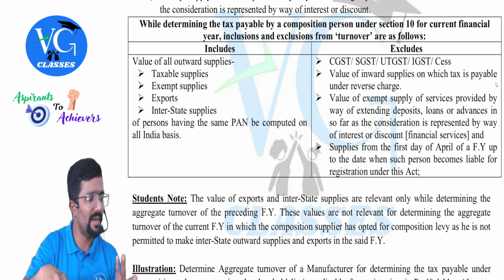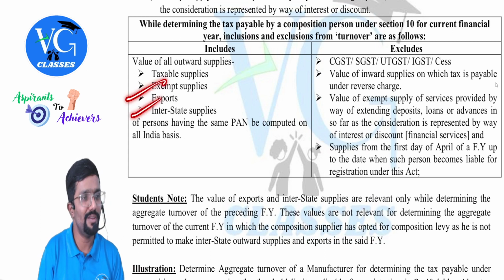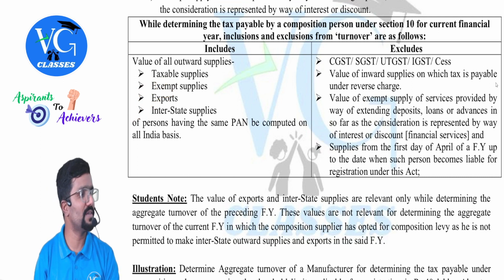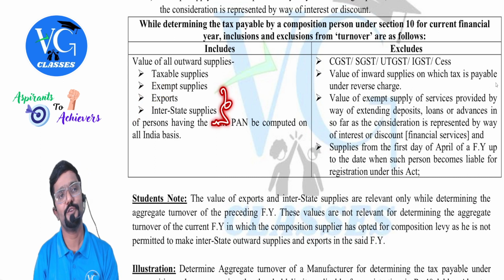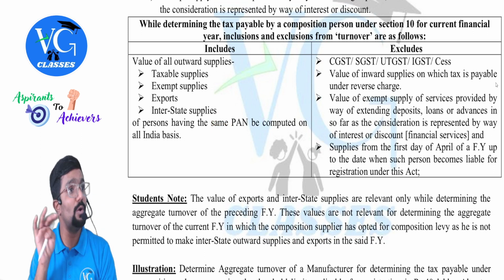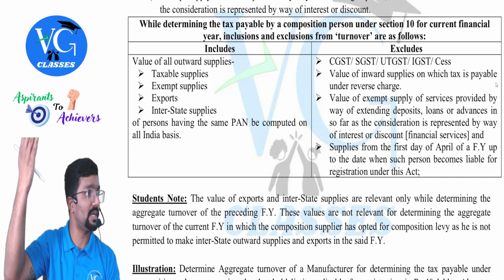Obviously, in the point they have given here, these two are irrelevant. Why so? Because if you do this, you cannot continue under section 10. If you supply outside the state, you cannot. Outside the state includes outside the country also. Sir, I didn't supply outside the state, I supplied outside the country. Is it okay?